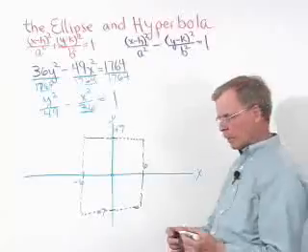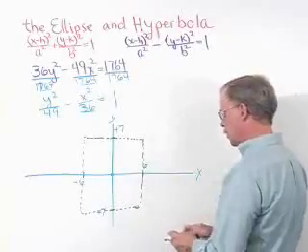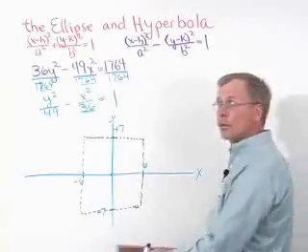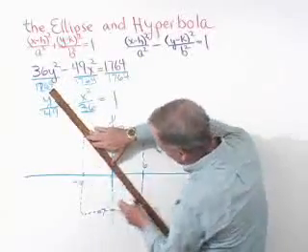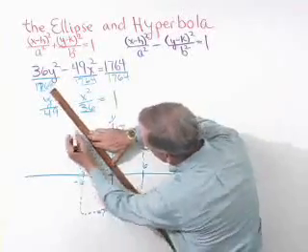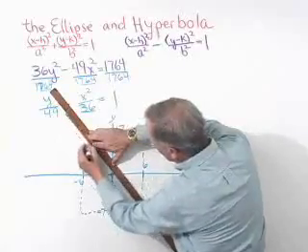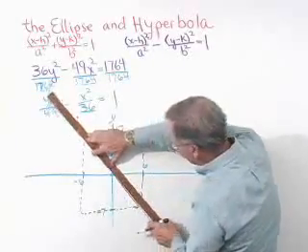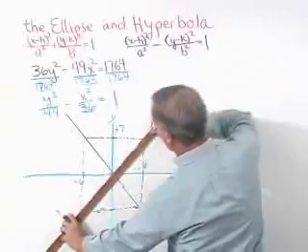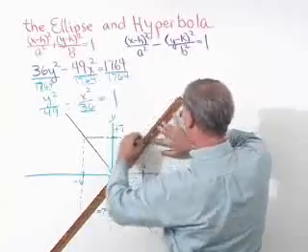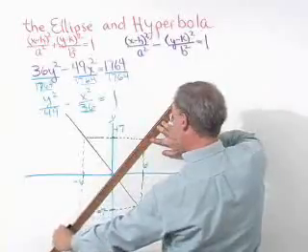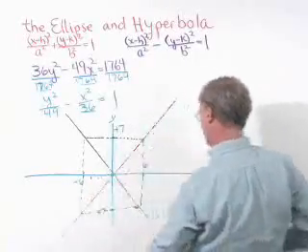We'll draw that lightly, and then what we will do is draw the diagonals through that rectangle, and they should go through the center, the origin as well, because that's the center. So we'll draw them like so.